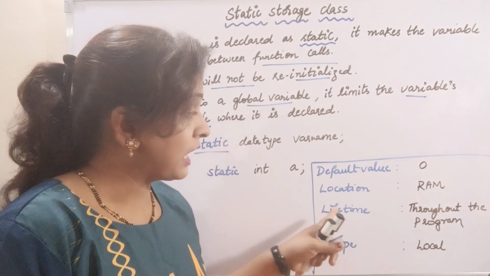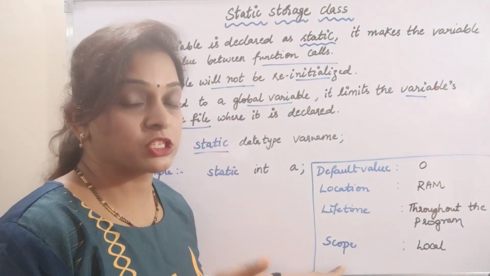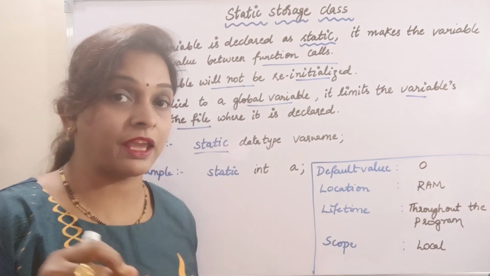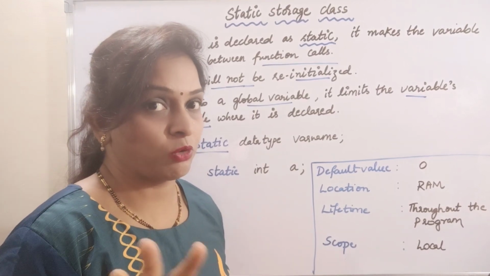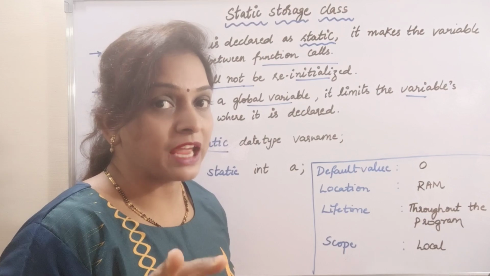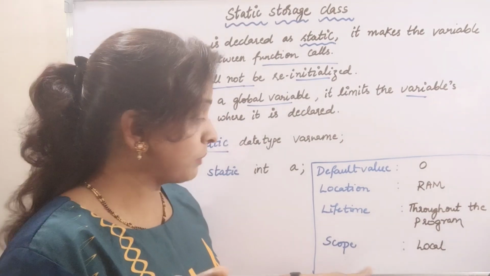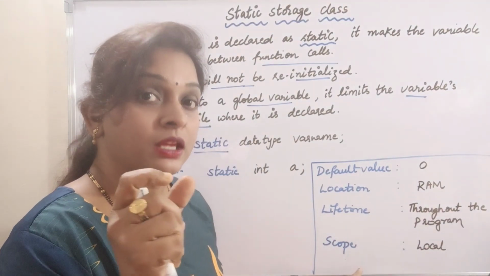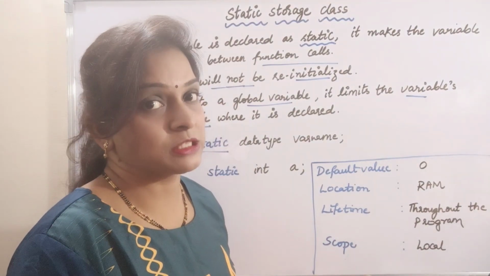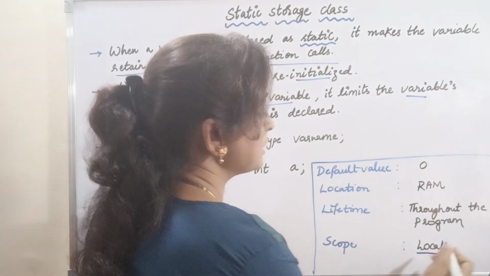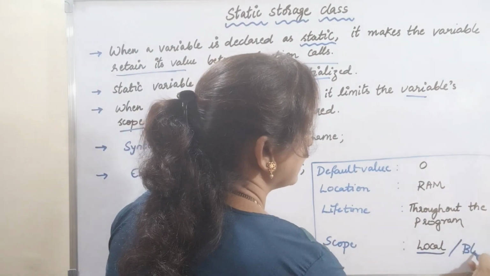But lifetime and scope are quite different here. Now we get to know the actual difference between lifetime and scope. Its lifetime is throughout the program, but its scope is only the block where it has been declared. So it is local to the block where I declare it.